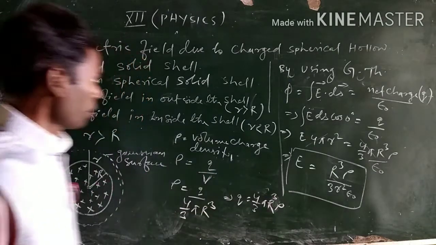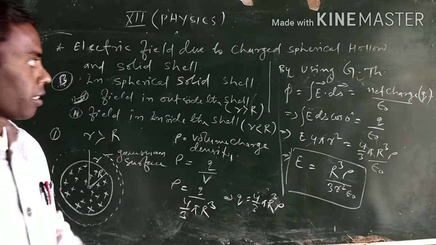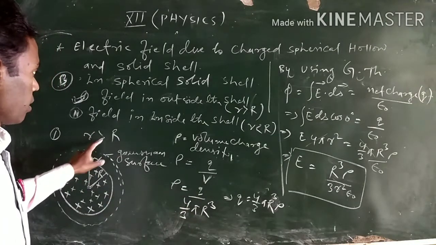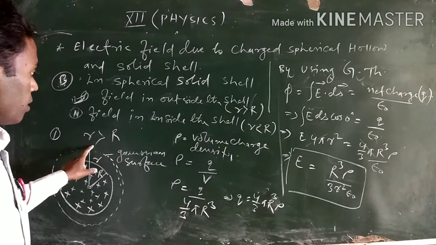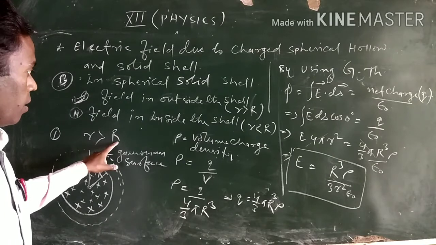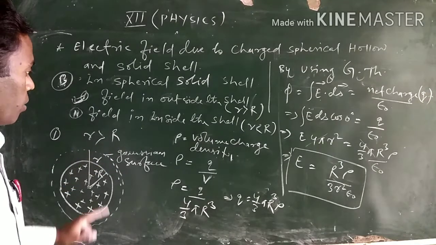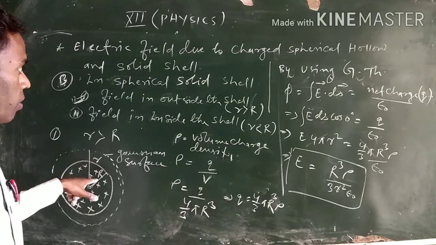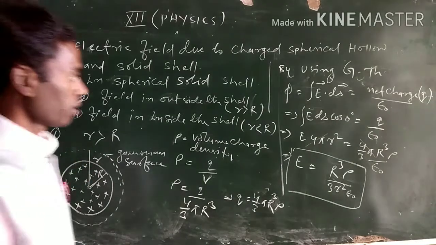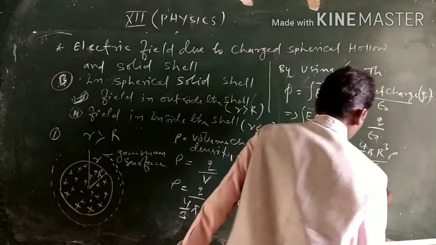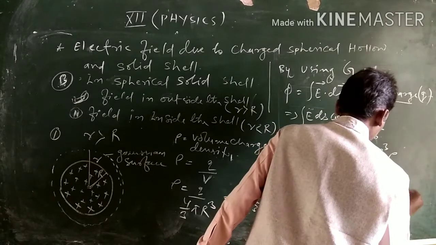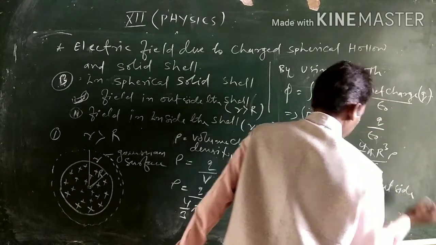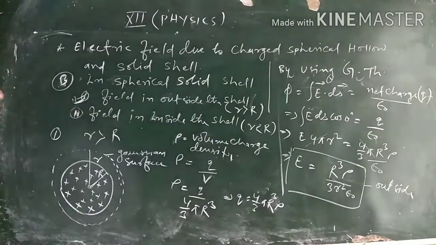Electric field when outside the shell. That means the condition is capital R is greater than small r is greater than capital R. Here small r is just showing the radius of the Gaussian surface of this solid shell, right? This is outside the shell. Next, inside the shell, right?